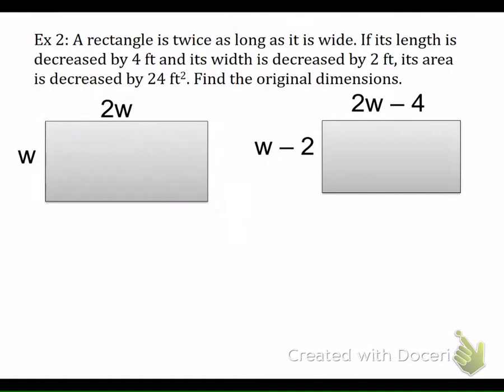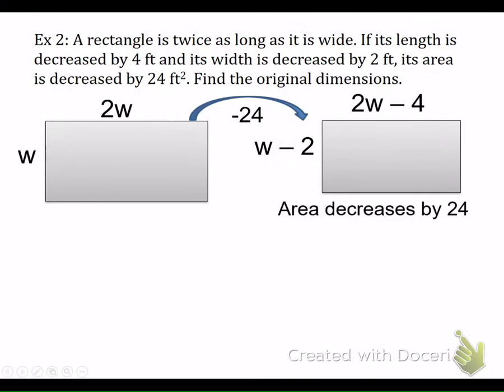Subtracting 24 to equal the new area. Okay? So here's my equation. Original area, or the area of the original, minus 24 gives me the area of the new. I would write that down so you know what I'm doing.